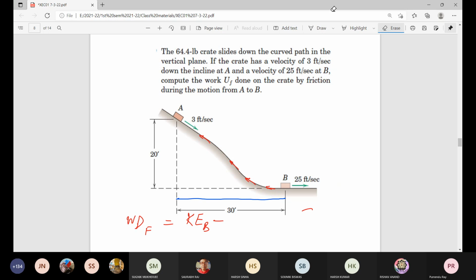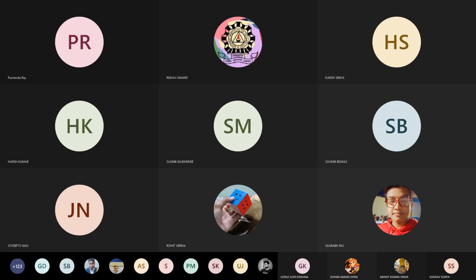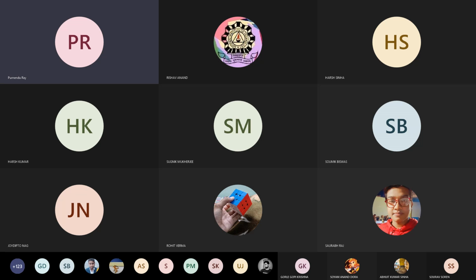Okay. So similar kind of thing we can consider when it is traveling upward also. Either the final height, that is when velocity is 0, or the other thing.